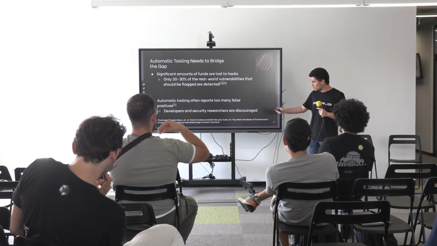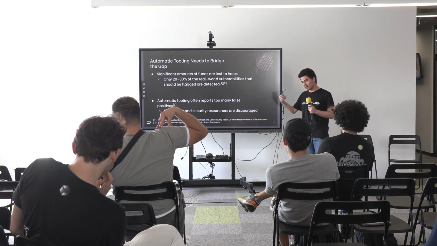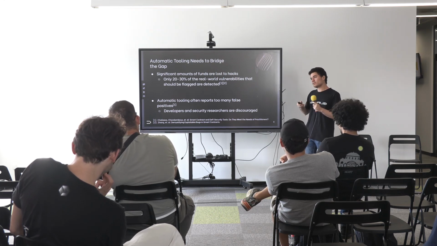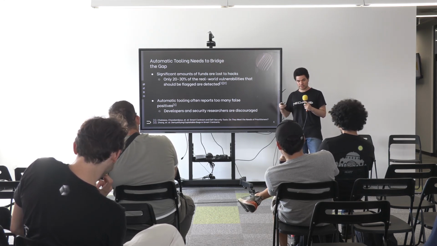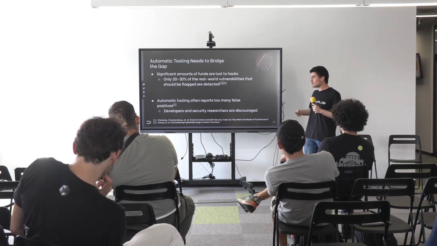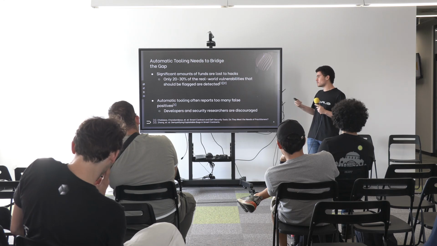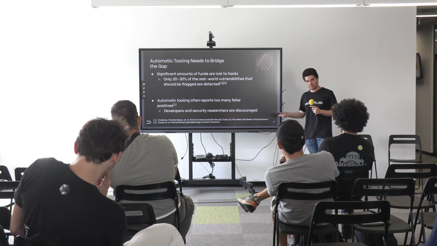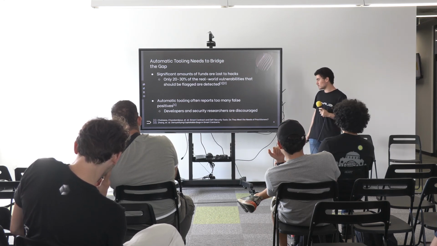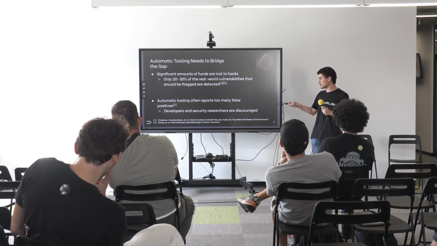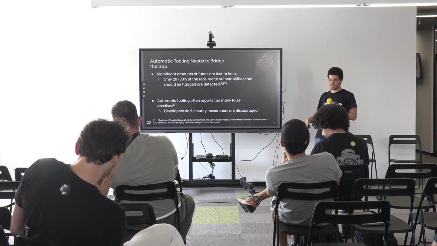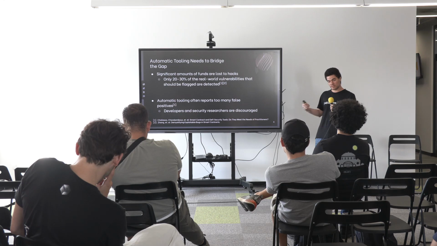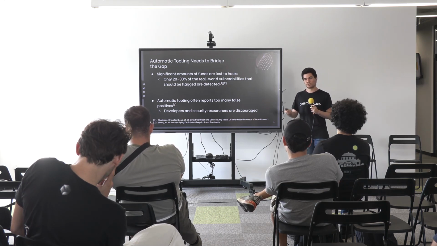I'm citing two papers here, both of which argue that publicly available tooling, or automatic tooling in general, only detects 20 to 30% of the vulnerabilities that it is supposed to be catching. The same papers also argue that those types of tooling generate many false positives, and this is something that discourages both the developers and the security engineers from using them.